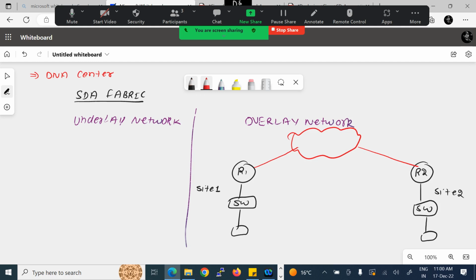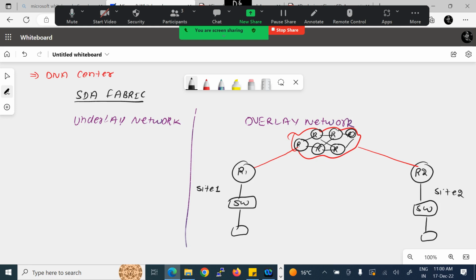Why? Because we don't care what is happening inside this ISP network. But if I talk about it, you know that we have routers here, and we have switches here, nothing else. But we don't want to talk about it. That's why we always represent an ISP network using a cloud. Yes or no?